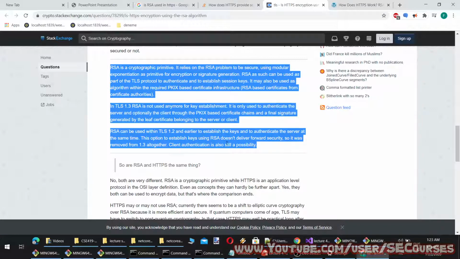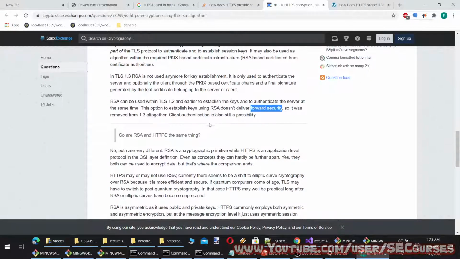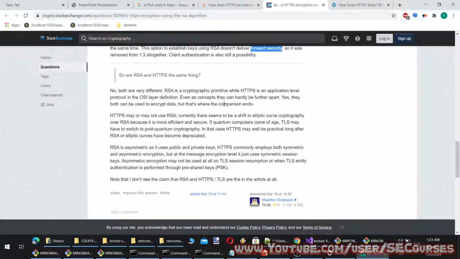This option to establish keys using RSA doesn't deliver forward security, so it was removed from 1.3 altogether. Client authentication is also still a possibility. So you see forward security is important. That prevents previous sessions from being read, decrypted.